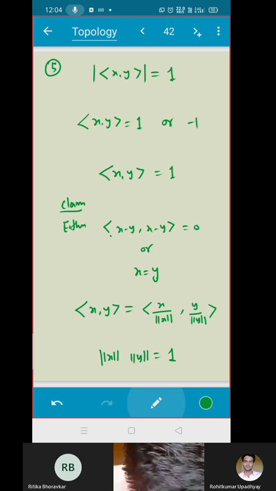The inner product of x, y is 1, and I'm having this, this will be 2 times. Maybe I'll think about it. No issue.